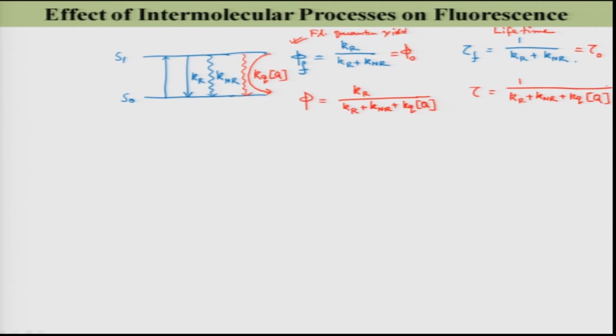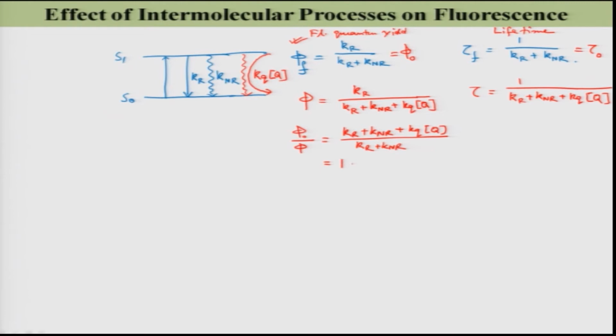Now what I will do is take the ratio of phi 0 by phi. If I take this ratio, what I get is kR plus kNR plus kQ into Q, divided by kR plus kNR.